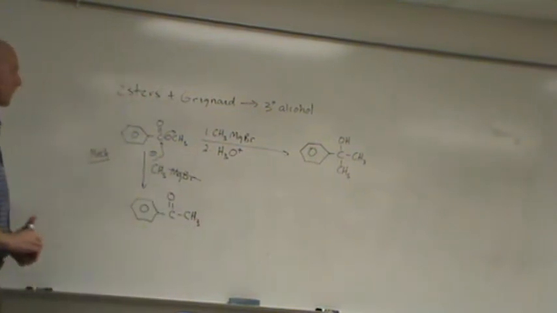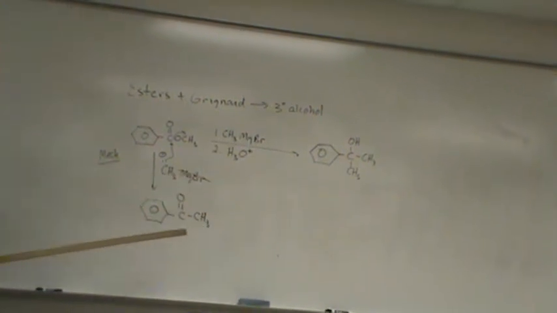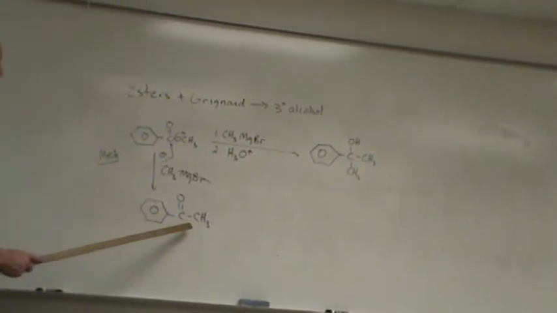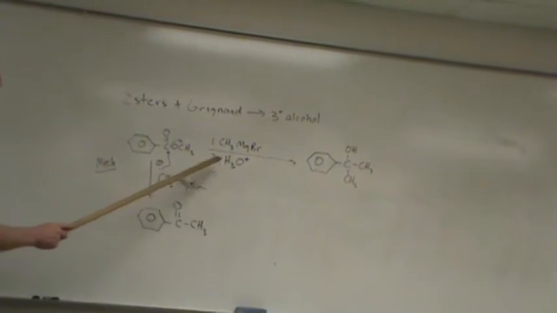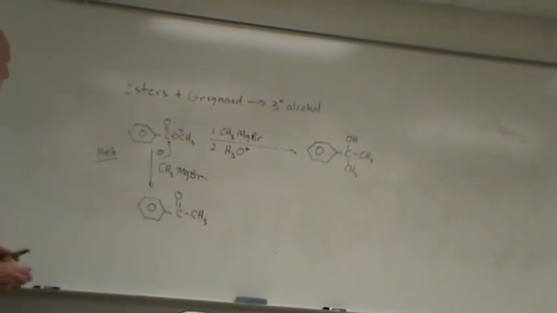And so we get a ketone here in our first step. But remember back in chapter 18 that the ketone can react with a Grignard. So this reaction happens a second time.